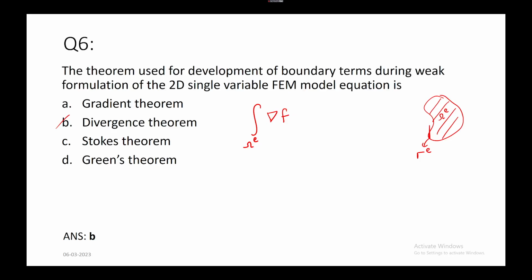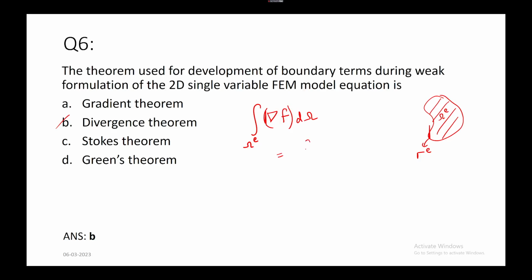So when I do that, some function if I have, d omega. So this divergence of the function I am going to integrate across the volume.